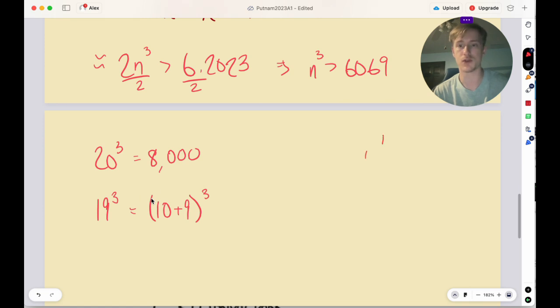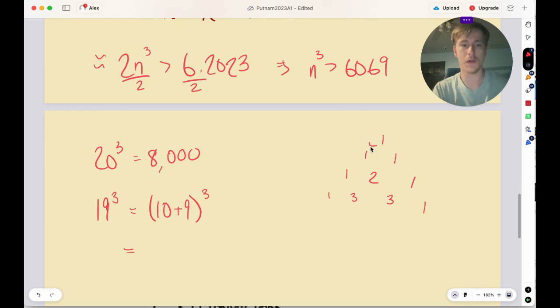So remember, Pascal's triangle looks like this. If the exponent were 0, this would be the coefficient. The exponent were 1, 2, and then this bottom row is when the exponent is 3, which is what applies.